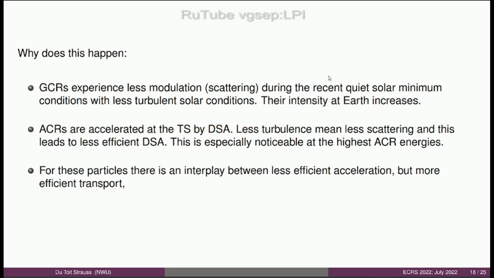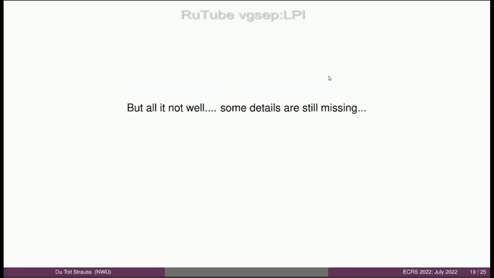Usually if you have less turbulence, you have less scattering and less efficient shock acceleration. If you want to have shock acceleration, you always need to trap the particles there for some time, which is not the case if you have these quiet conditions. So I think it makes sense in the shock acceleration paradigm.